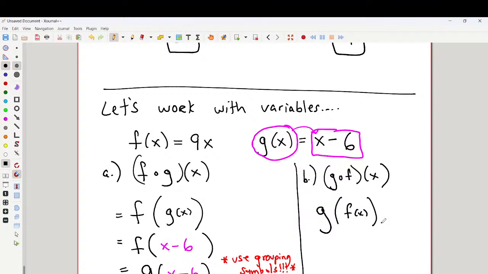But you say to yourself, okay, I'm just given x. So the only thing I can do is say f of x becomes 9x. So we're going to say, that's all we can write. 9x.